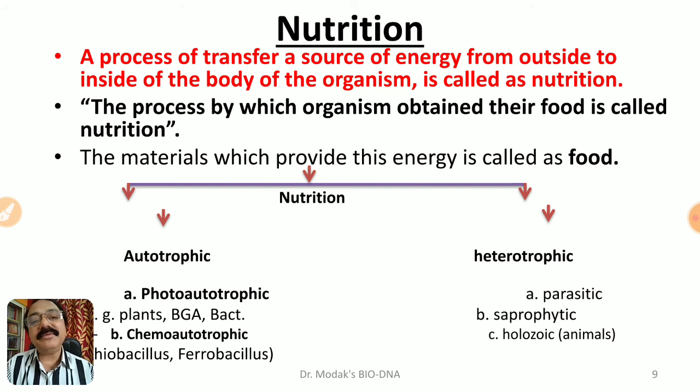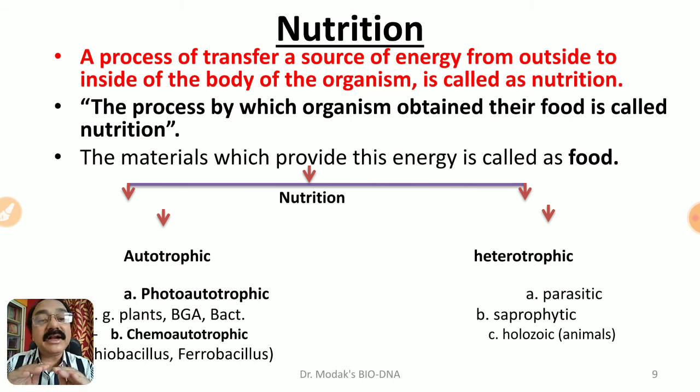Then the saprophytic mode of nutrition is very interesting. It is a mode of nutrition where the organism obtains food from dead and decaying organic matter of nature. You know, after the death of plants and animals, their bodies get added into the nature. It is a dead body, but that dead body also contains organic matter. And there are certain groups of organisms like fungi, bacteria, actinomycetes.